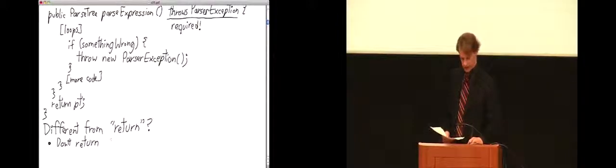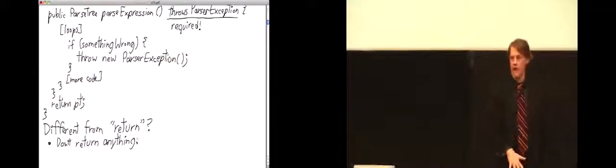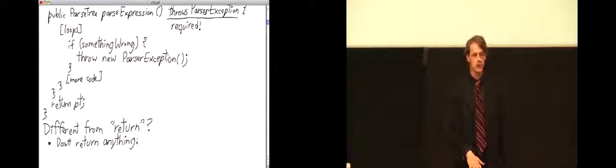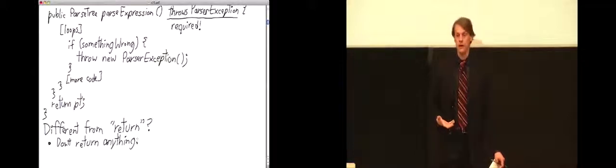As a matter of fact, we can't return anything when we throw an exception. But the more important difference is that an exception can propagate down the stack through many stack frames. So it not only causes this method to end, but it causes a bunch of other methods below it on the stack to end as well.